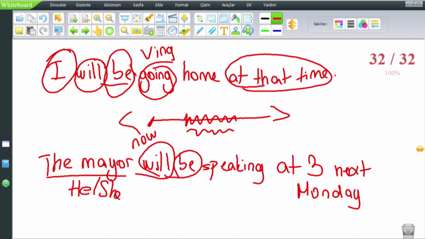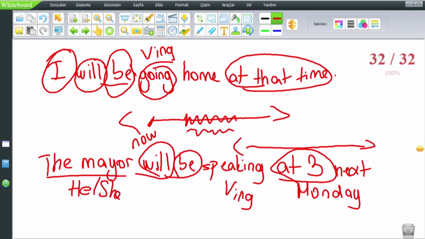My will be form and verb ing here. I give an exact time here, again, not a duration with my time expression, but I know that it will happen for a while in the future. Next Monday, and at 3, around here, and this is exact 3 p.m.